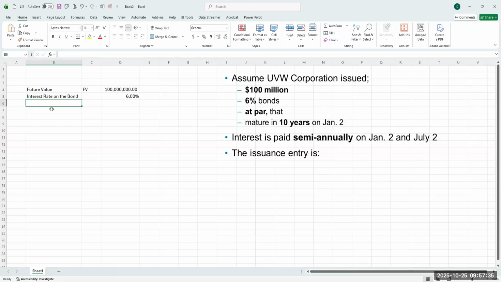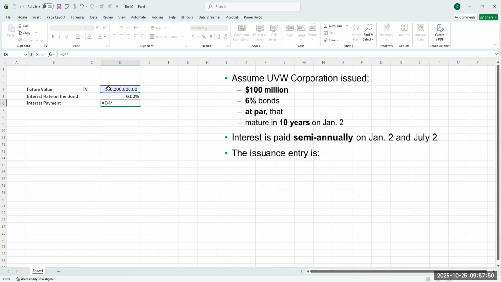The interest payment that we have to pay every year, this is annual interest, will be equal to 100 million times 6%. So every year we have to pay 6 million.